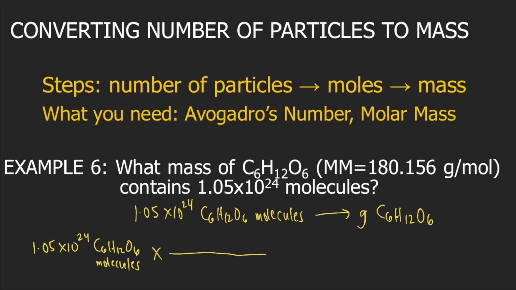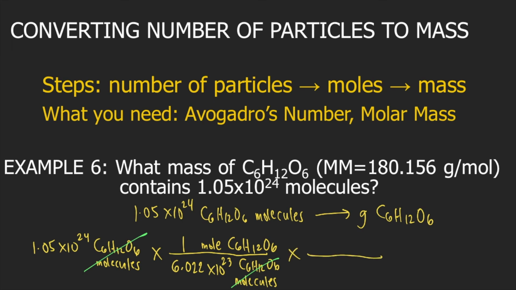And by the definition of Avogadro's number, 1 mole of glucose contains 6.022 times 10 raised to 23 glucose molecules. So molecules will cancel. Now we have moles of glucose.